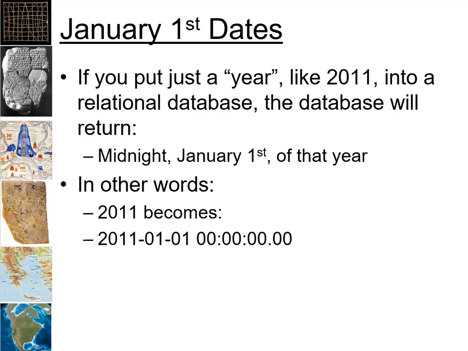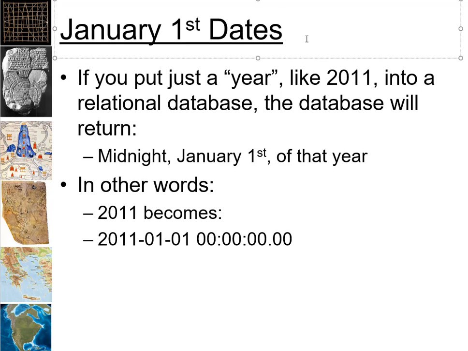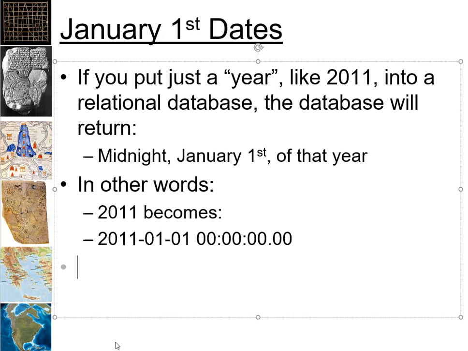Another one that's interesting with precision is if you take a date, just a year, like 2011, and you put that into a relational database like Microsoft Access or SQL Server, which I use, what will come back to you is 2011, January 1st, midnight. In other words, you lose the precision that's associated with the fact that you only have a year.